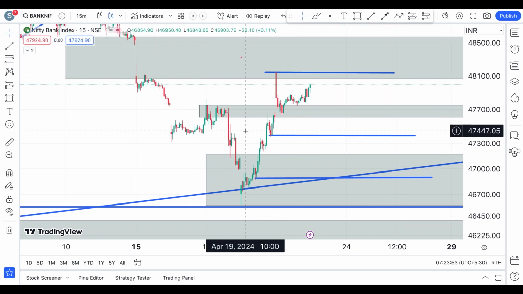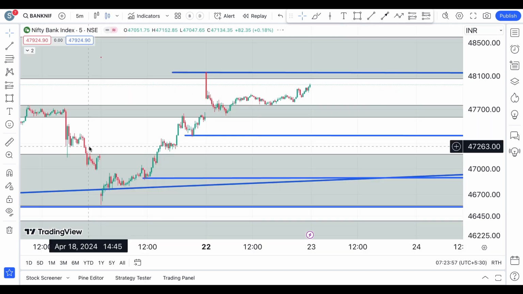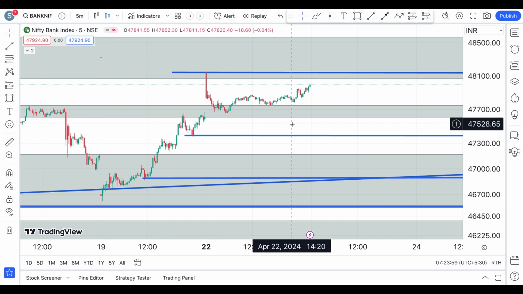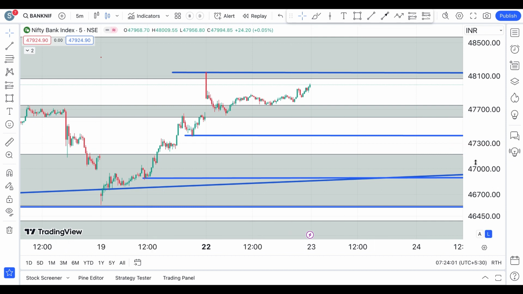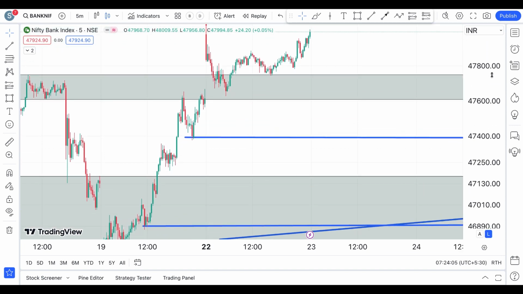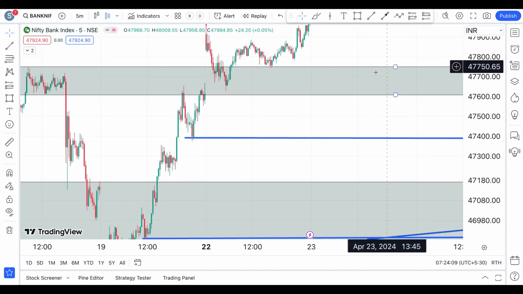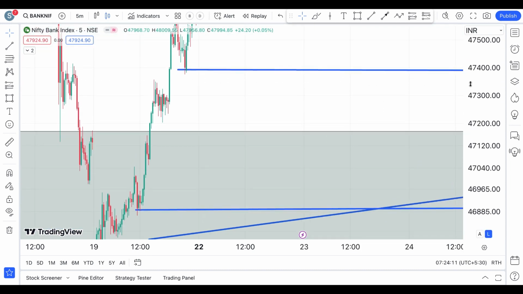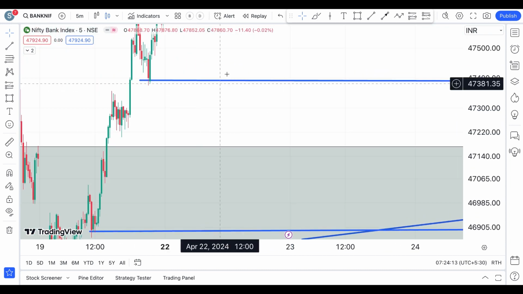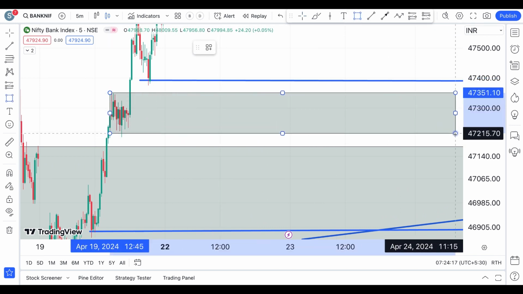So all these are important points for the Bank Nifty, because we have started from the daily time frame, and then 4 hours, and then 15 minutes, and now we are on a 5-minute time frame. Now on the 5-minute time frame, we are further encountering a few key areas. See this, for example. This, for example.